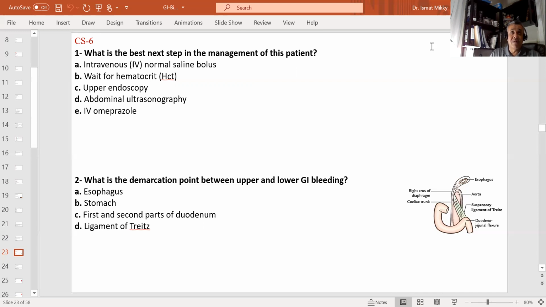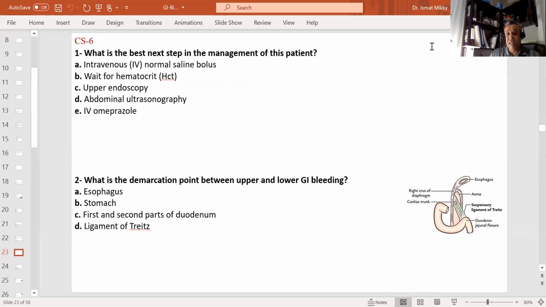One of the principles is to take the patient's blood pressure at least at two different positions to see if there is any orthostatic hypotension, because orthostatic hypotension is one of the indications of active bleeding, especially internally in patients with GI bleeding.